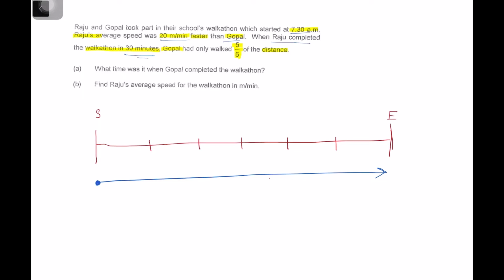So Raju, I should label him as R with a circle. So Raju took 30 minutes to walk from S to E, from the start to the end.